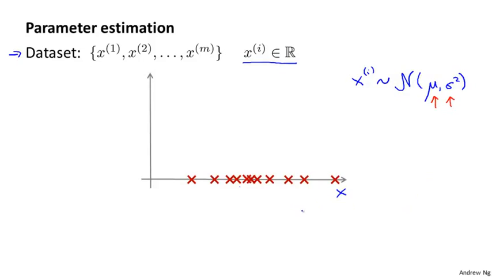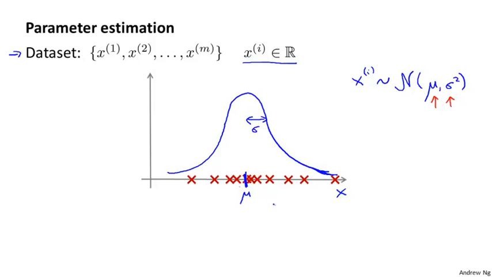So if you're given a data set like this, it looks like maybe if I estimate what Gaussian distribution the data came from, that might be roughly the Gaussian distribution it came from, with mu being the center of the distribution and sigma, the standard deviation, controlling the width of this Gaussian distribution.